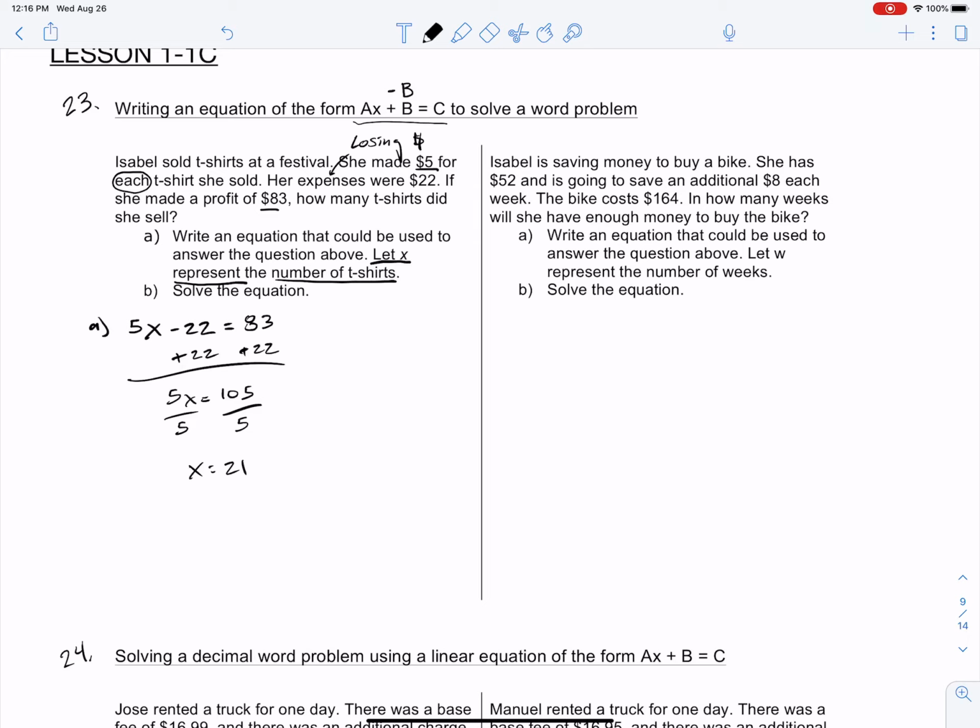What is it that we're looking for? Because we can't have our answer be just 21. If you presented somebody your answer as 21, they'd ask, 21 what? Well, it's 21 t-shirts. That's what we're trying to find, and that's our answer. Try the example on the right, and then move on to the next one.